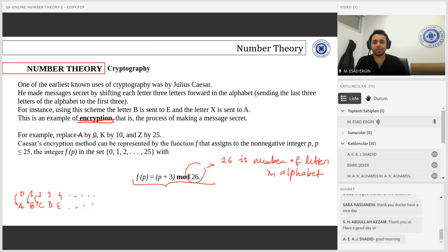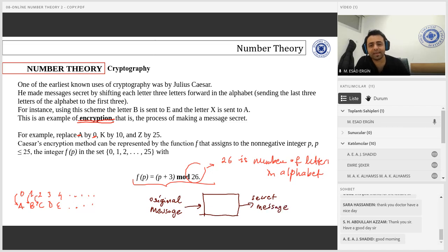So what is encryption? Encryption means, let me draw here, when you send a message, let's say this is the original message, to the box. As you know, this is a very important box, and as an output it will be a secret message.